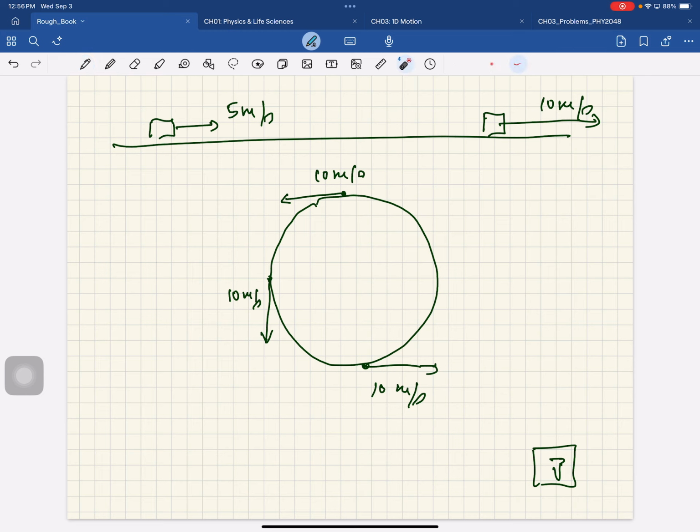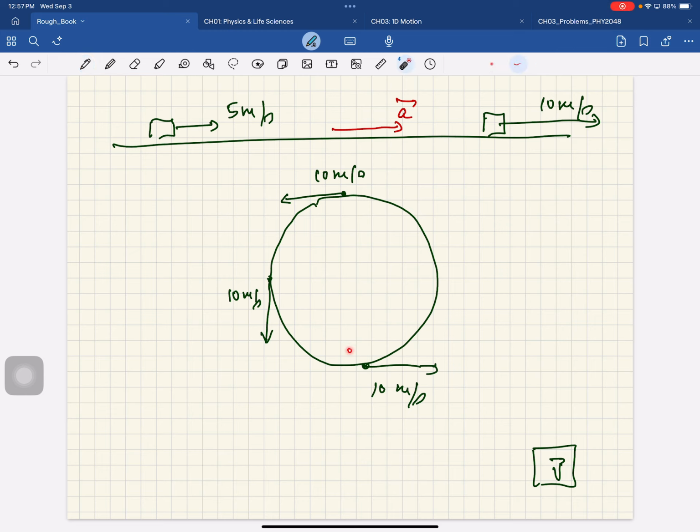In this example, only the magnitude of the velocity is changing. The direction is not changing. When the magnitude of the velocity changes, the acceleration is tangent to the path. So that's one extreme of acceleration.